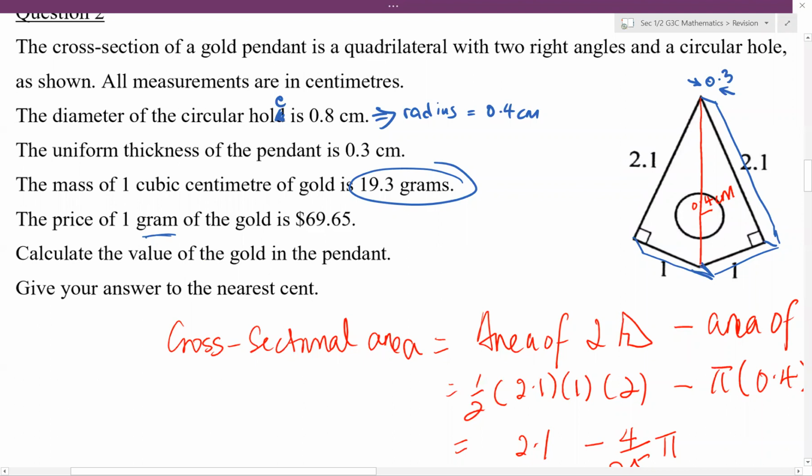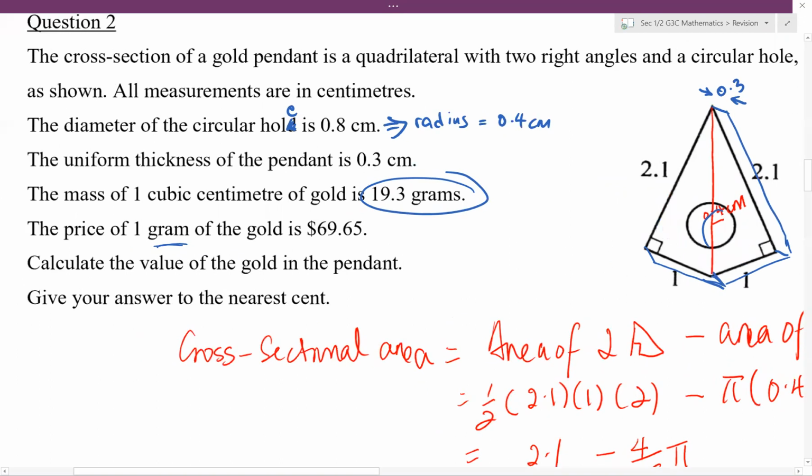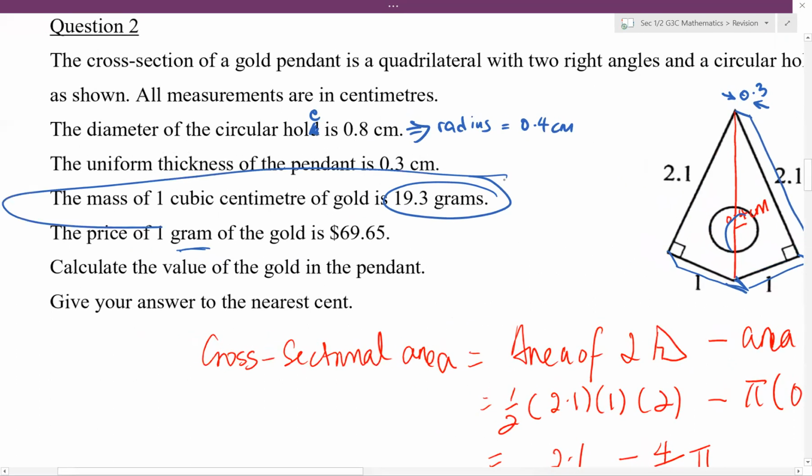So in order to find the value of the gold, how much it is worth, it depends on its mass. If I can find the mass, I can find the value. But to get to the mass, I need to know the volume, because I can only get the mass from this sentence, which is effectively the density.